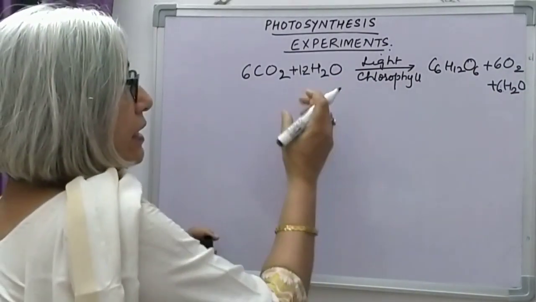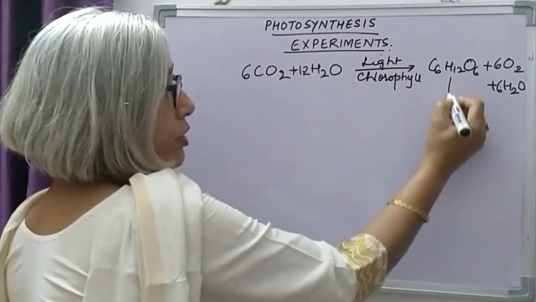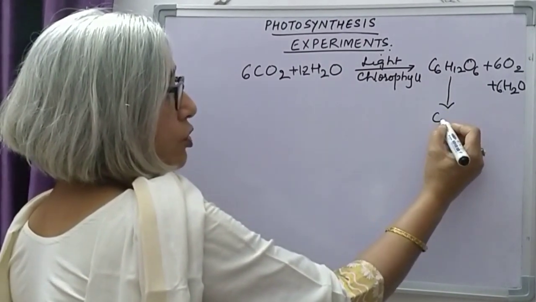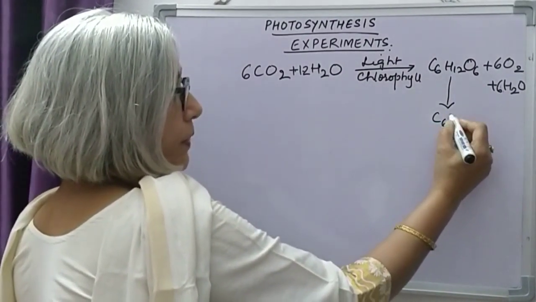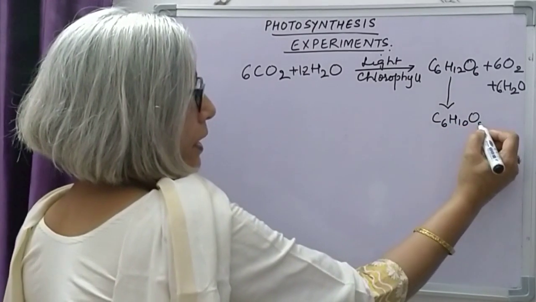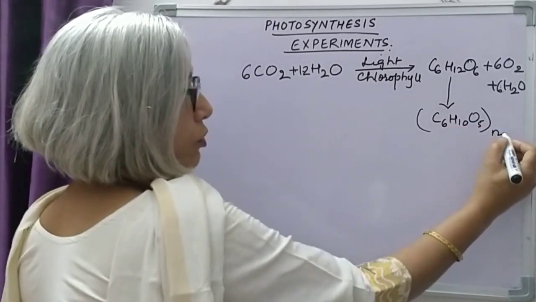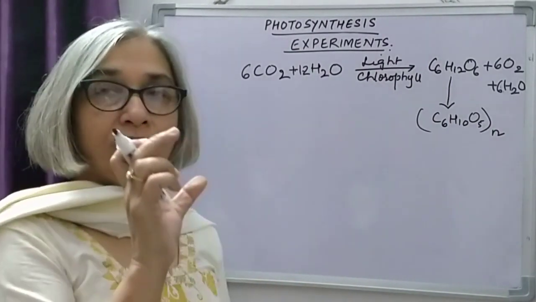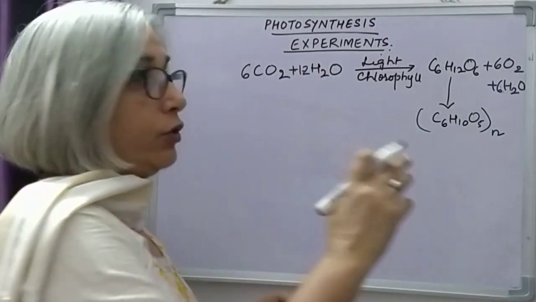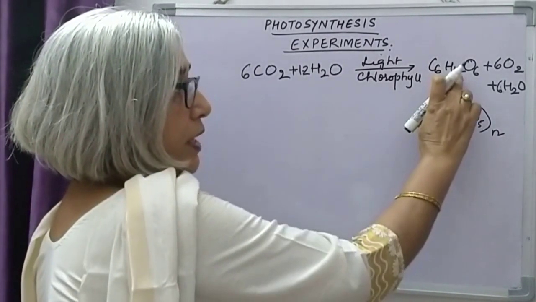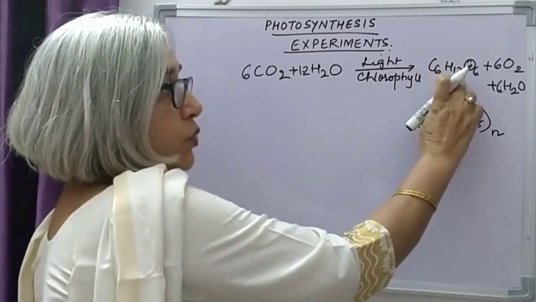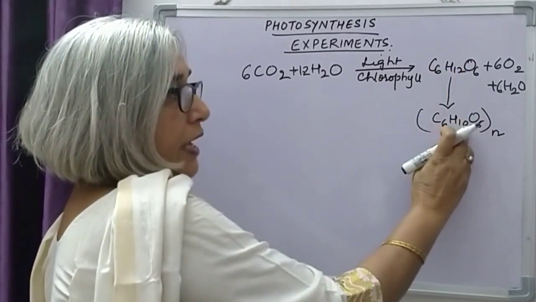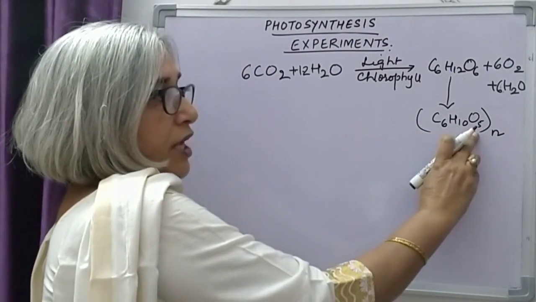So basically we are going to test for the presence of starch, that is N molecules of glucose polymerized to form starch, and when 2 molecules of glucose are joined, a molecule of water is removed. That is why instead of C6H12O6 I have written C6H10O5.